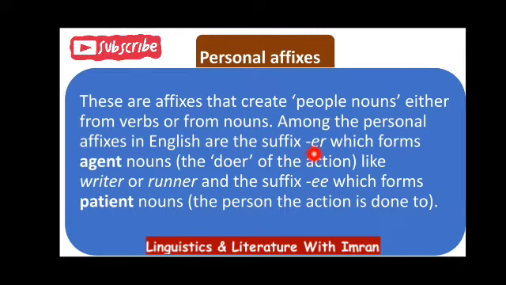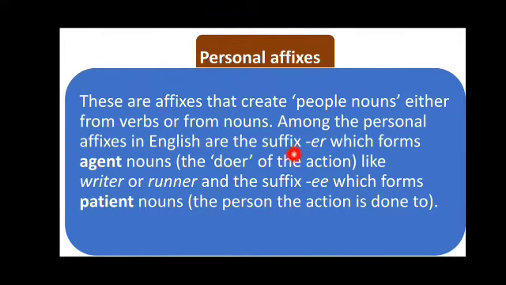Or the verb write becomes writer, and listen becomes listener. These are people nouns made from verbs. We can also make people nouns from nouns, for example, employee or recruitee that we discussed on previous slides.